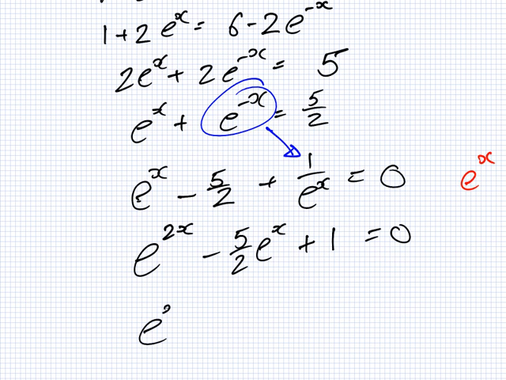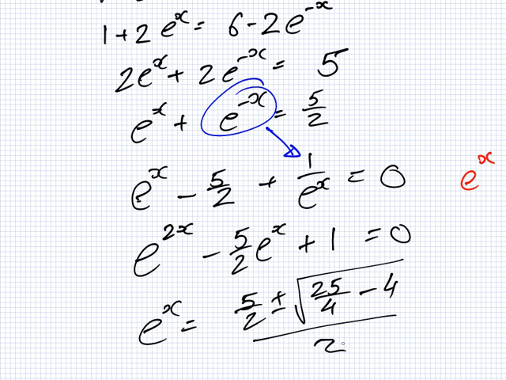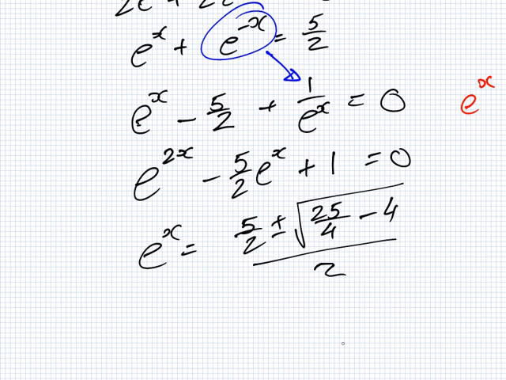So you get e^x equals minus b plus or minus the square root b squared minus 4ac all over 2a. So let's see what we get.